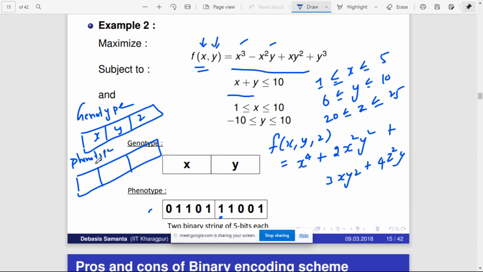So X can take any what value? One also it can take, including, right? 1 equal to X. Okay, so give one example for X. Tell some value for X, Y and Z which will satisfy these constraints.